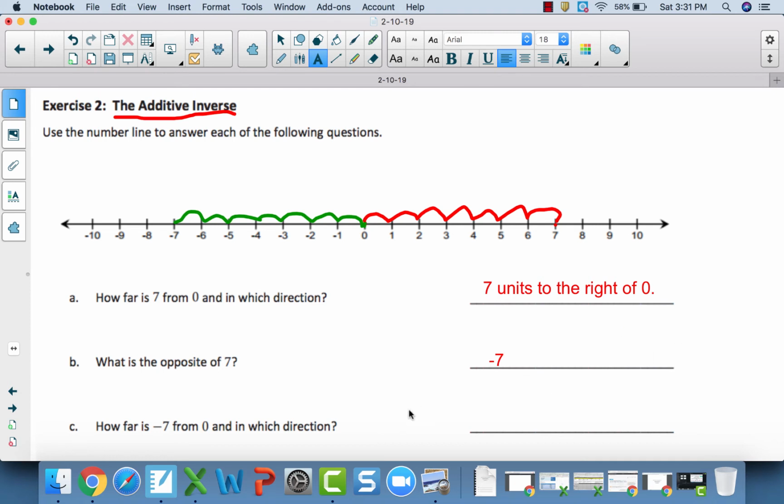Okay? How far is negative 7 from 0 and in what direction? Negative 7 is 7 units from 0. Or let me write it like this. It is 7 units to the left of 0. Okay? So the only difference between 7 and -7 is the direction you're heading on your number line.